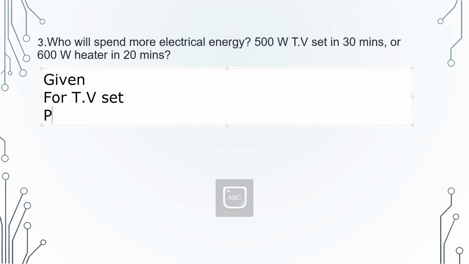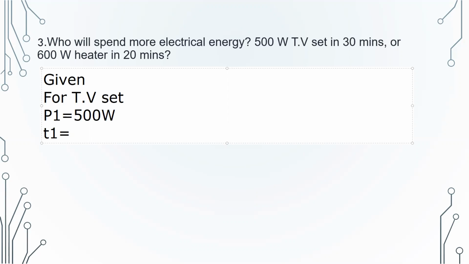Okay. So P1 is equal to 500 watt. Time is given. T1 is equal to 30 minutes. We will convert minutes into second. To convert minute into second, we have to multiply by 60. That is equal to 6 3s are 18, 1800 second.